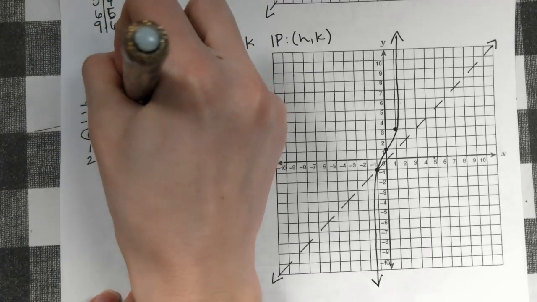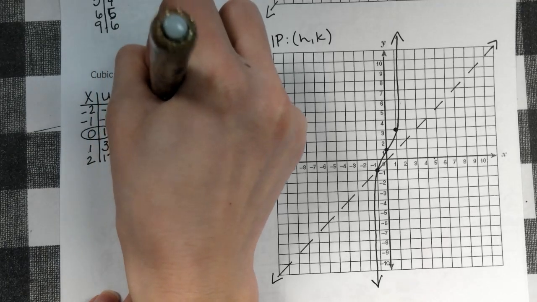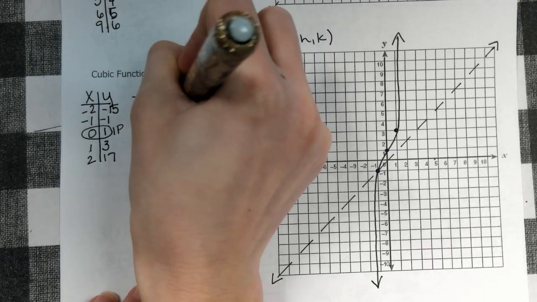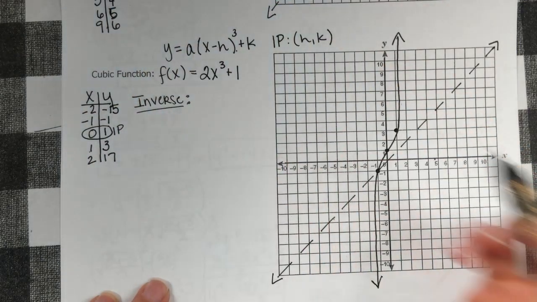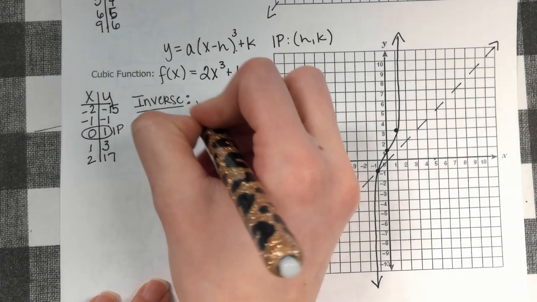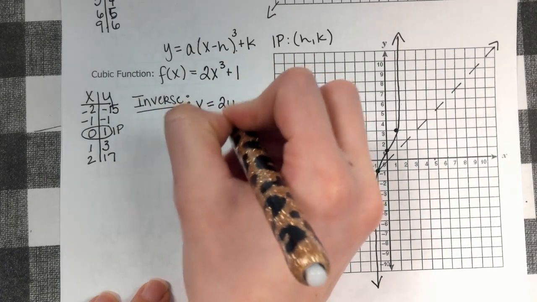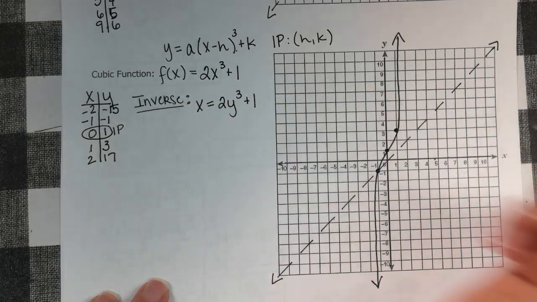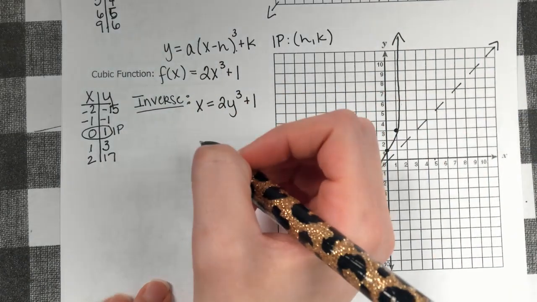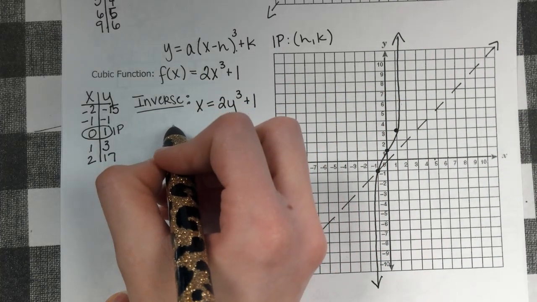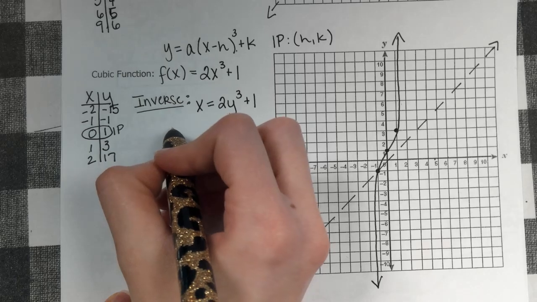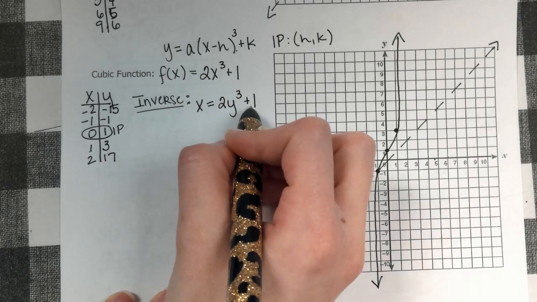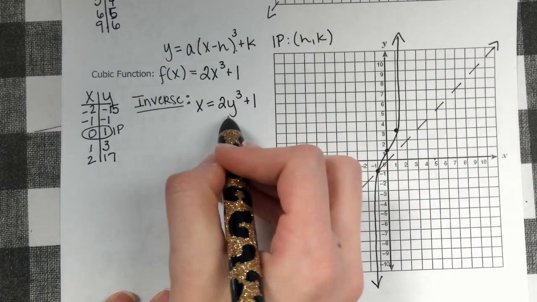Okay, now for the inverse, to find it algebraically, we're going to swap our x and y. So x is equal to 2y cubed plus 1. I just swapped my x and y.